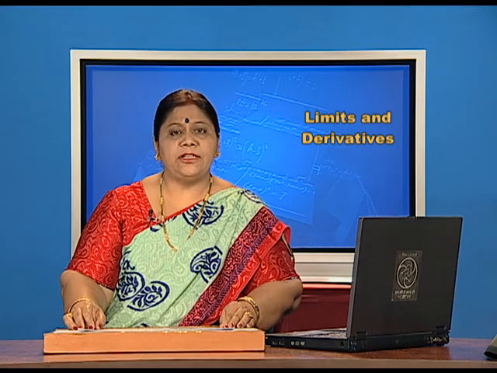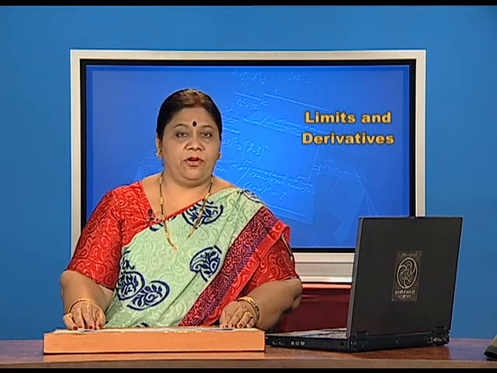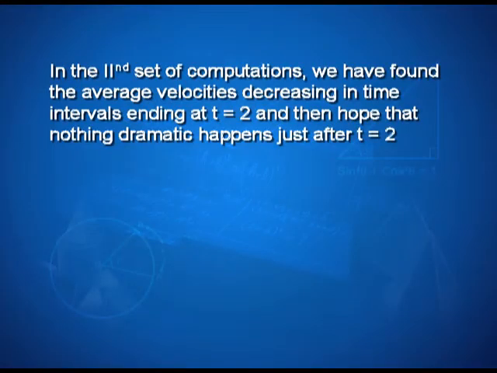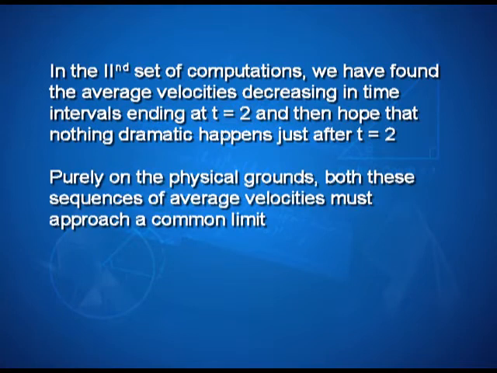In the second set of computations, we have found average velocities in decreasing time intervals ending at t equal to 2, and then hope that nothing dramatic happens just after t equal to 2 seconds. Purely on physical grounds, both these sequences of average velocities must approach a common limit.